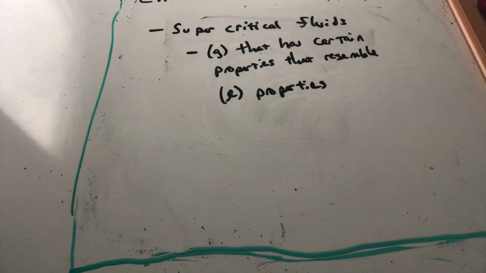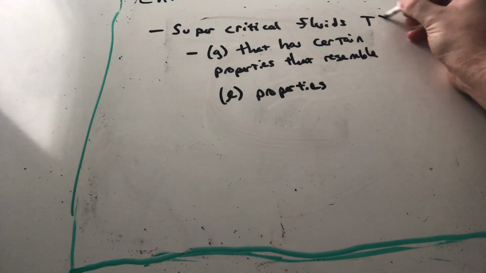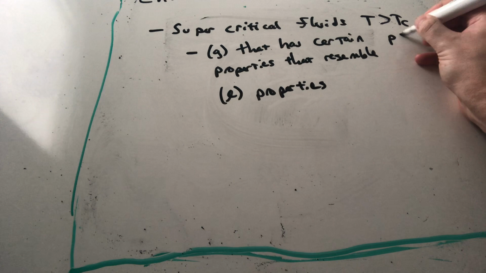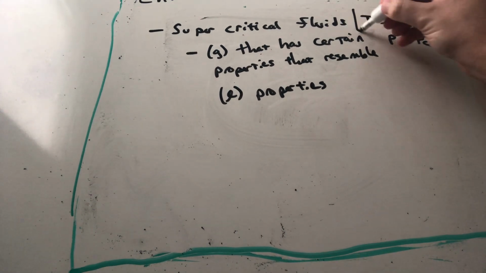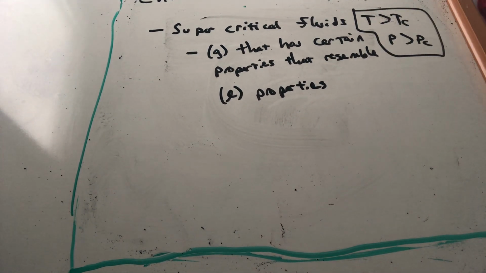So up in that supercritical region where you're above T_C and above P_C, remember, it's T greater than T_C and P greater than P_C. That's defining where you'll find these, right? You have gases that are behaving in certain ways like liquids. And that's all you really have to know, all right?